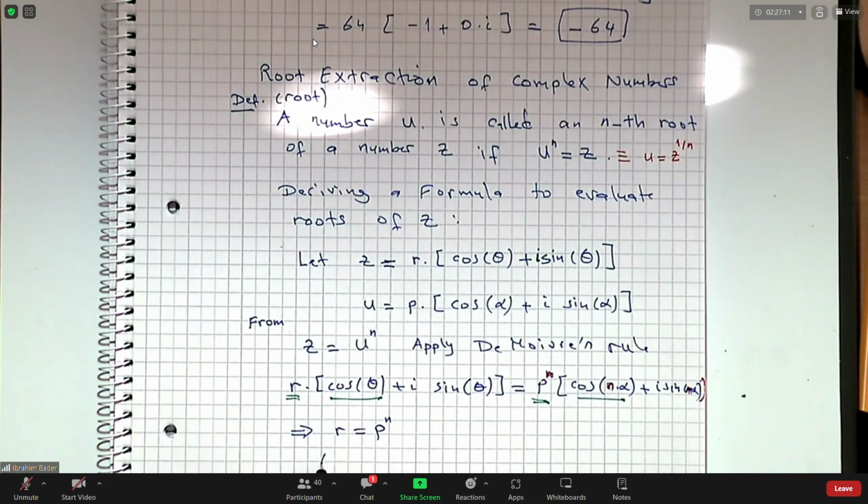Theta equals n times alpha. What does it mean that theta equals n times alpha? Now here you remember that the angles or the trigonometric functions are periodic. And what's the period there? We just had an example. What is the period there?